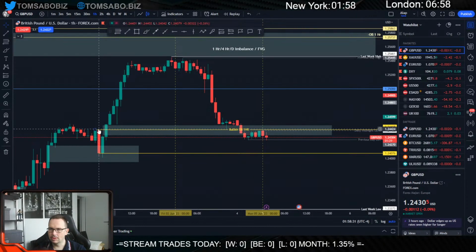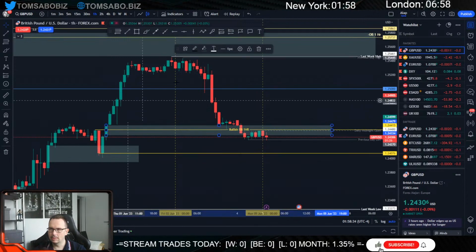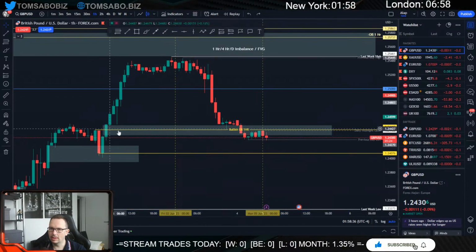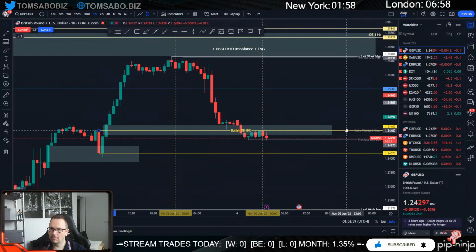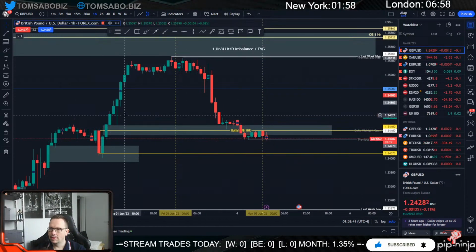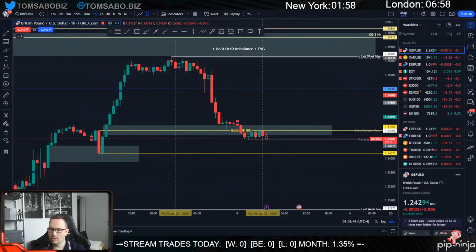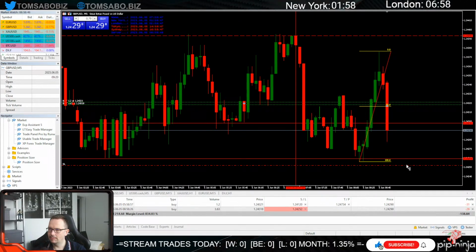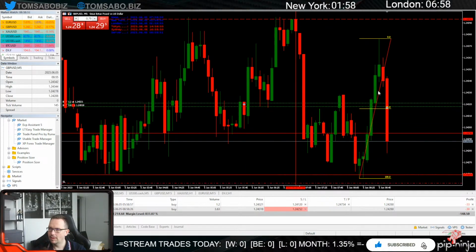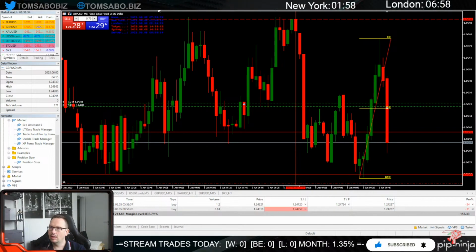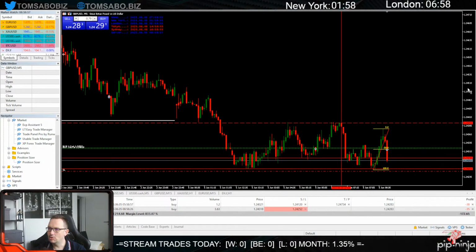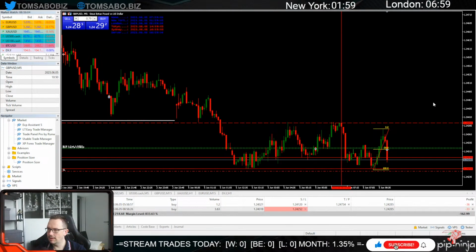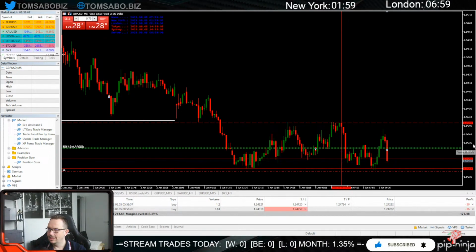The range of this order block is right there. So we tapped into the second trade already. But don't you worry, I'm going to be explaining why I did this, and it's going to be just fine.